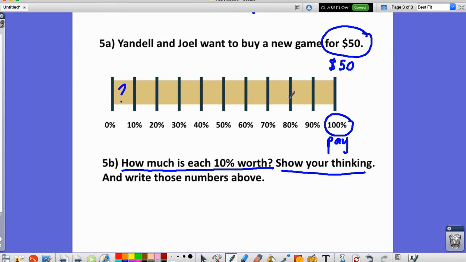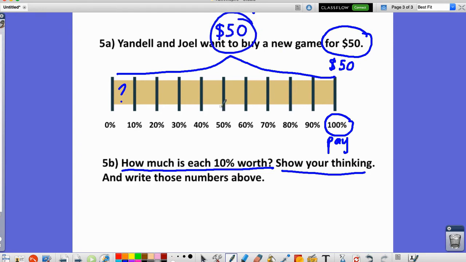And so, wait, didn't we just say that 100% is 50? Well, in other words, another way to think about this is this whole bar is $50. Okay? Now, what's happening with the whole bar? Look at the lines.